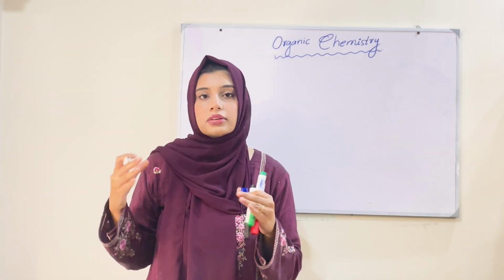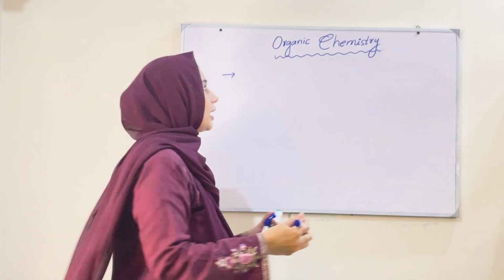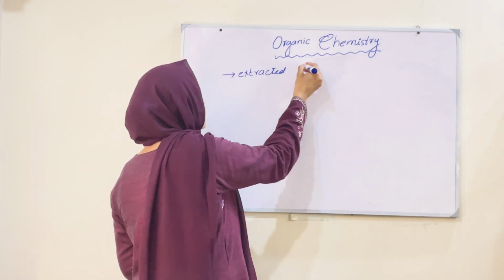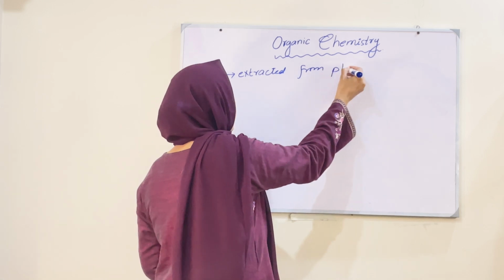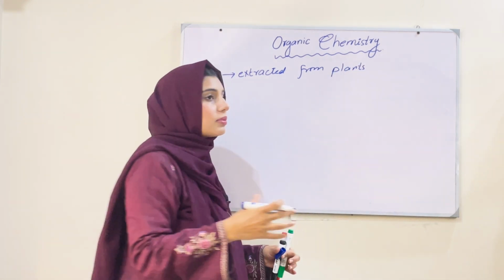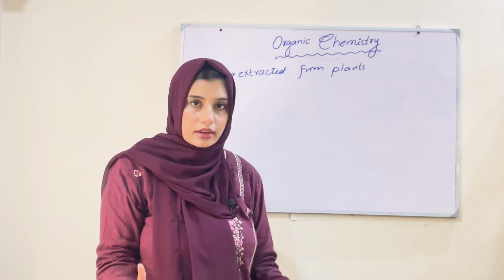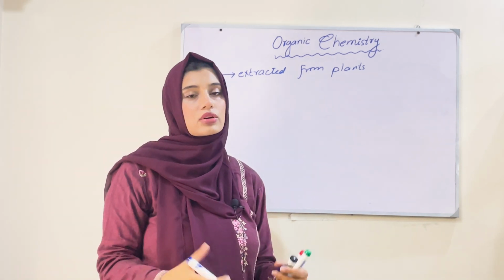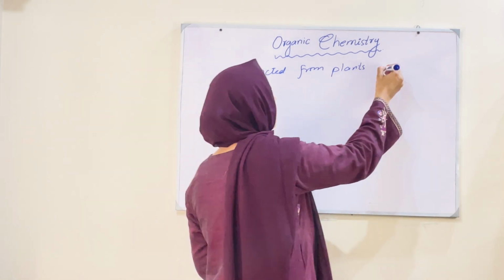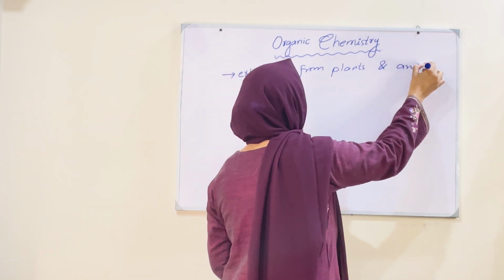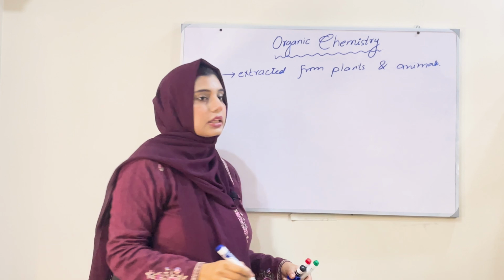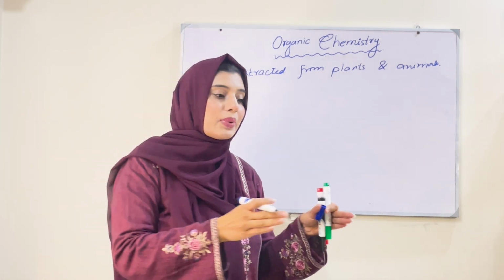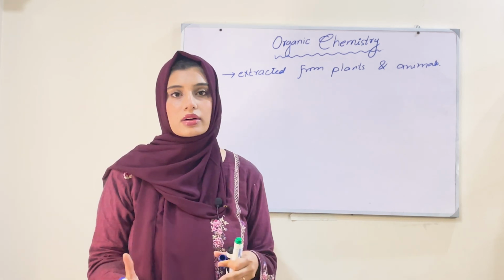The earlier scientists thought that anything extracted from plants and animals, that means from living things, is called organic, and studying those things chemically is known as organic chemistry. But later on they found out that this is not the only case.